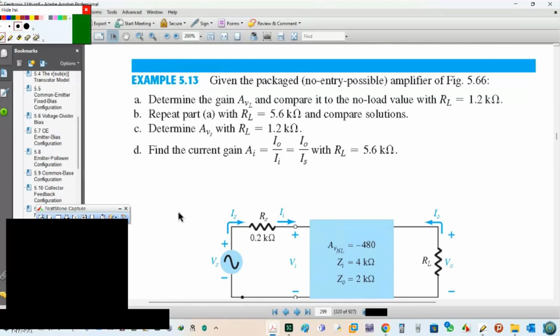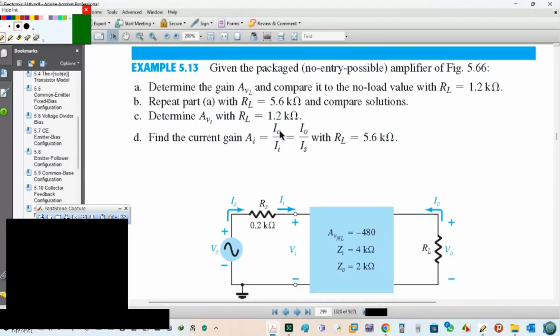So he asked me to calculate AV and compare to no load. And if we have RL here, it's 2.2 kilo. Repeat with RL 5.6, repeat with 1.2. He calculated AVS and found the current gain. So here we have just direct implementation of formulas.